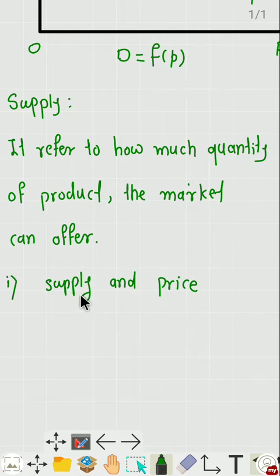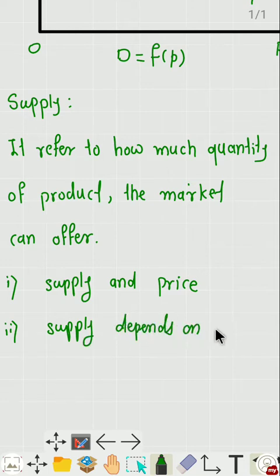Second, supply depends on price. Therefore, supply is a dependent variable and price is an independent variable, and the supply function can be expressed as S is equal to g of p.